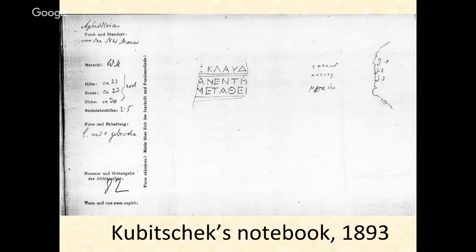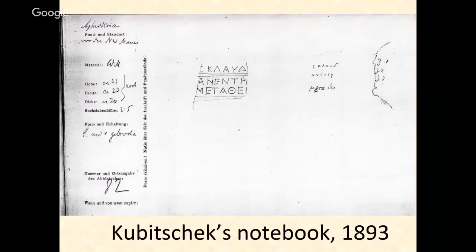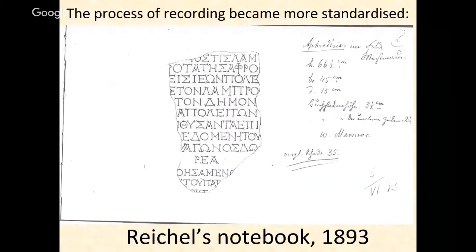Let me just see, there's one other image I want to show you. Kubitschek, this man, did rather quick and ugly reproductions of texts. This man who was traveling with him took much more care, as you can see, over drawing the text itself.